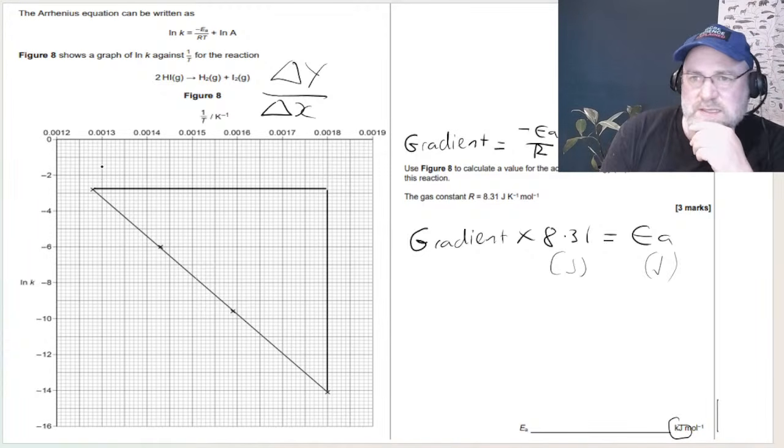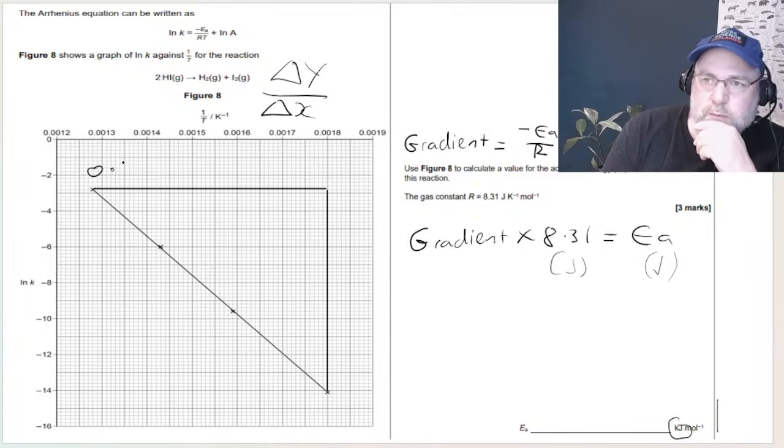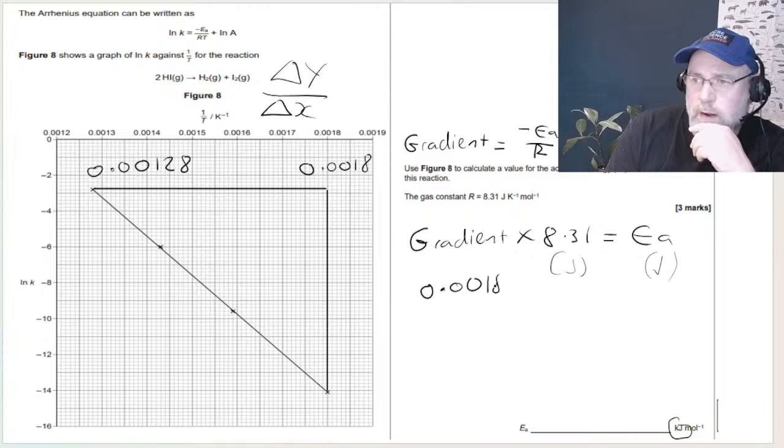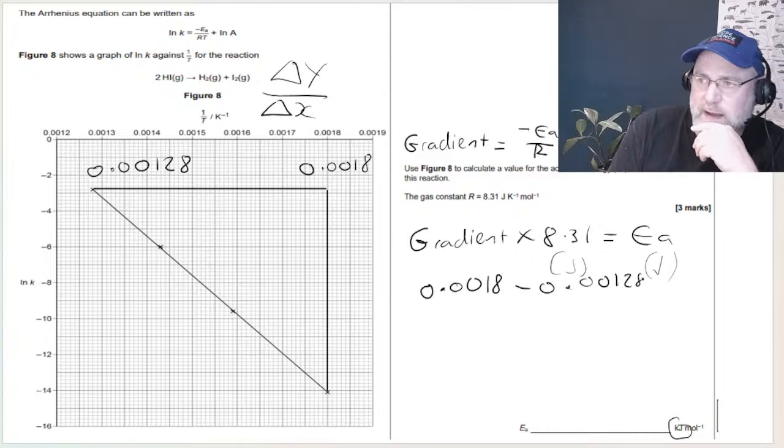So I don't know what this is. I'm going to say this is 0.00128 because it looks like it's 2 little cubes there. So I'm going to say that, and then that is bang on there, so 0.018. Now, it might be different to the mark scheme, but that doesn't matter. So I'm going to go 0.0018 minus, you can smash this in the calculator and see if you can handle it.